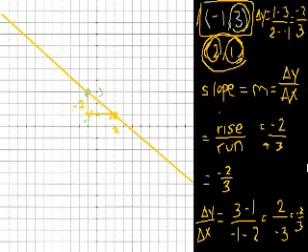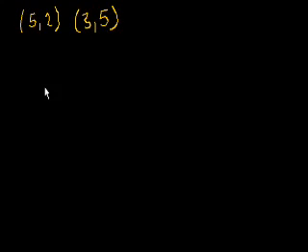And actually, I'm going to do a couple just so you see the algebra without even graphing it first. So let's say I wanted to figure out the slope between the points 5, 2 and 3, 5. Well, let's take this as our starting point. So change in y over change in x, or rise over run.